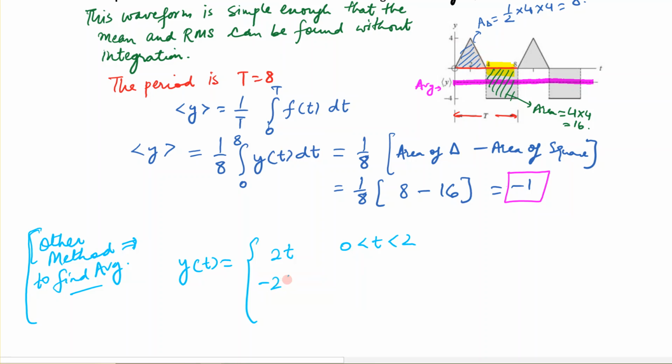So our function is -2t plus 8 between 2 to 4. And then between 4 to 8, our function is constant. So the function is a horizontal line, which is y equals -4 between 4 to 8. So this completes one period of our waveform. So that is our given function.